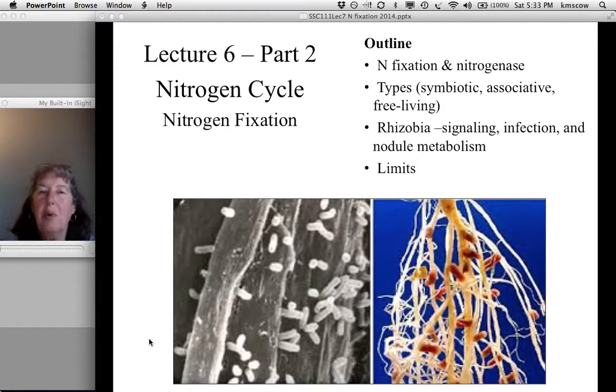So this is the important other symbiotic relationship between plants and microbes that certainly we know the most about. That along with mycorrhizal fungi. I bet there's a lot of other symbiotic relationships too that we don't know much about and we don't teach about yet.